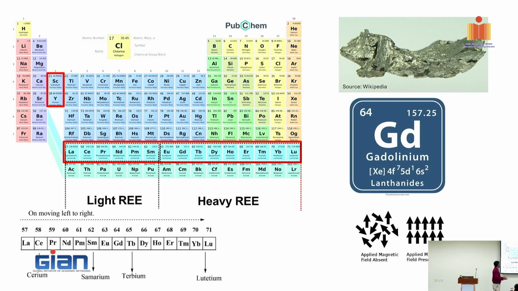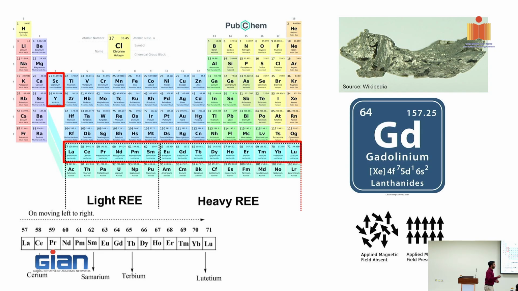Also, if you see the atomic radius increasing from left to right, it sits exactly in the middle from 57 to 71. So it's neither too small nor too big. Why is this important? When the atomic radius is small, it is very difficult to attach or chelate with a bigger molecule.